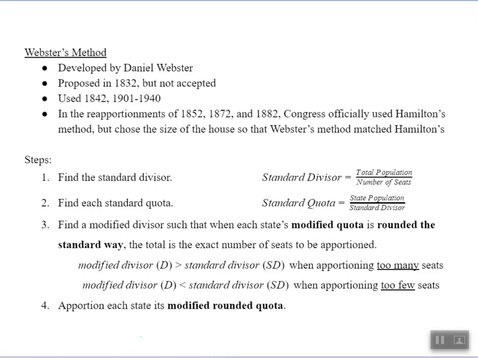So, in this method, we need to find a modified divisor so that when each state's modified quota is rounded the standard way, the total is the exact number of seats to be apportioned. We might have to make our modified divisor larger if we're apportioning too many seats, or make it smaller if we're apportioning too few seats. And then whatever the modified rounded quota is, that's the apportionment for each state.